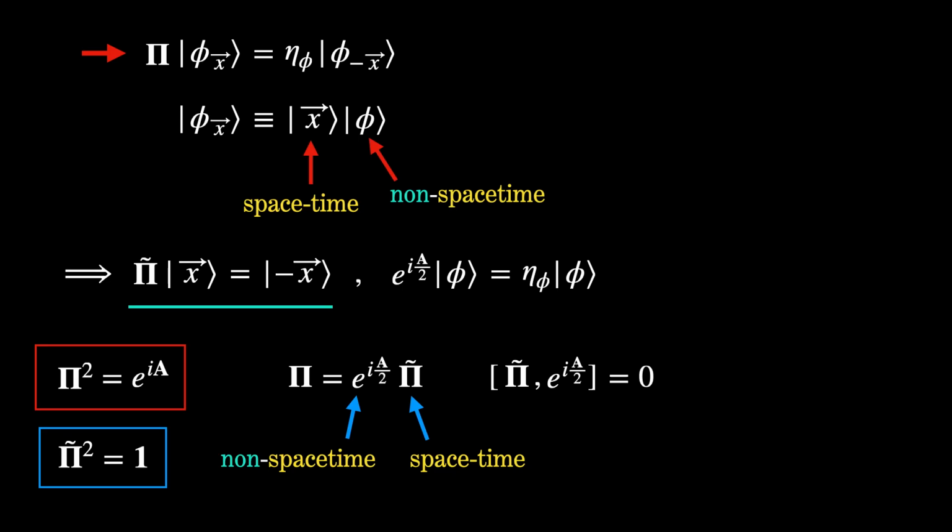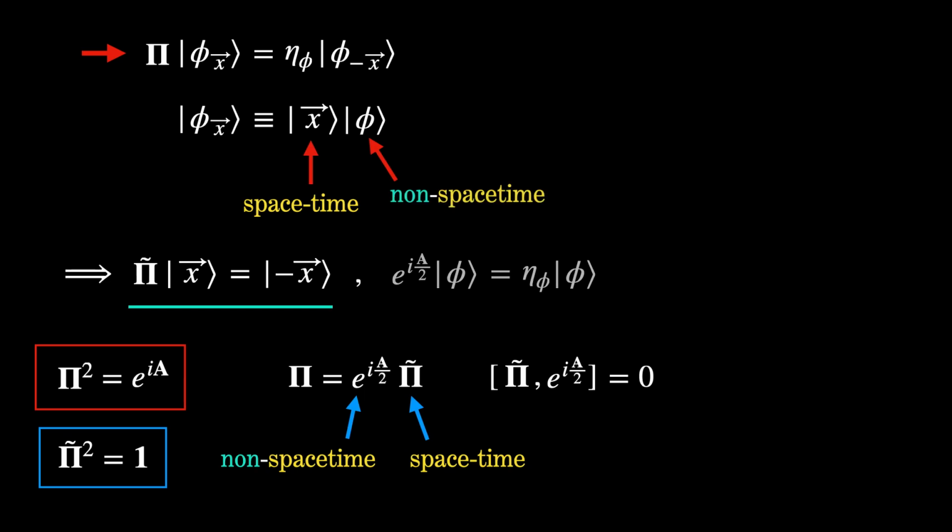Here, for simplicity, we are considering the case of a spin-zero particle. Therefore, the spacetime part consists of just the position and doesn't include any spin degrees of freedom, which should belong to the spacetime part. Phi just describes the non-spacetime part of the state.